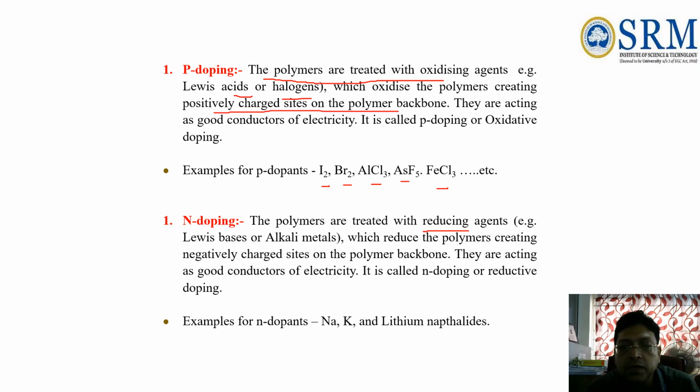And because of this reduction, this creation of negatively charged sites in the polymer backbone can enhance the conductance, and therefore it is called n-doping or reductive doping. So what are the n-dopants? Sodium, potassium, lithium, naphthalides. These are the n-dopants.